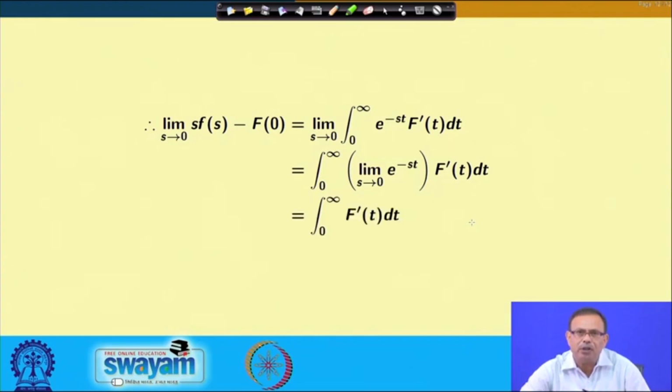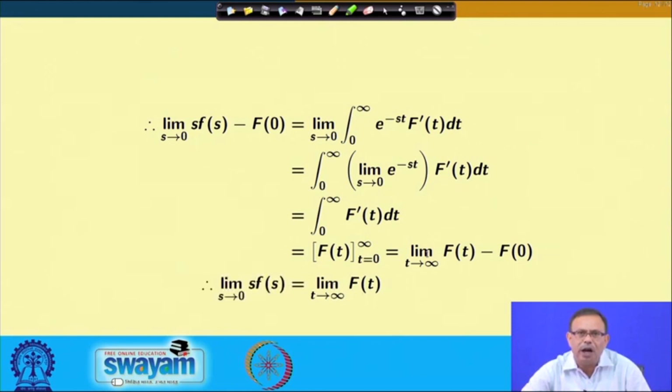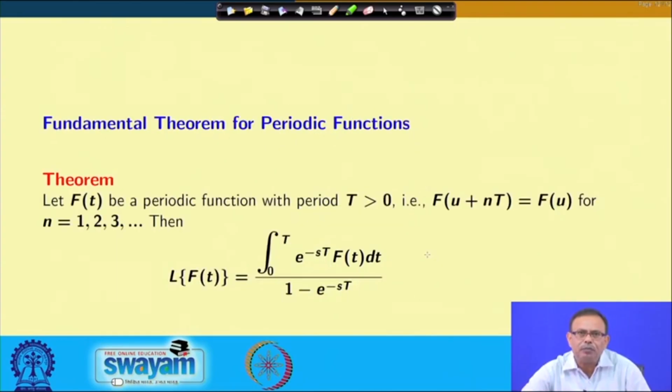So that value is 1, and you are getting the integral of f dash t dt from 0 to infinity, which is nothing but f(t) at t equals 0 to infinity. If I put the limits, this is the limit as t approaches infinity of f(t) minus f(0). So that f(0) will be cancelled from both sides and you will obtain this. This completes the proof of the final value theorem.